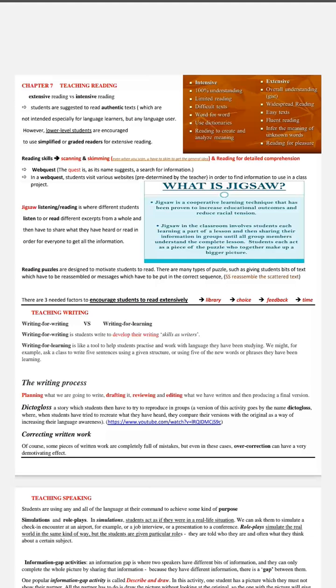However, lower level students are encouraged to use simplified or graded readers for extensive reading.